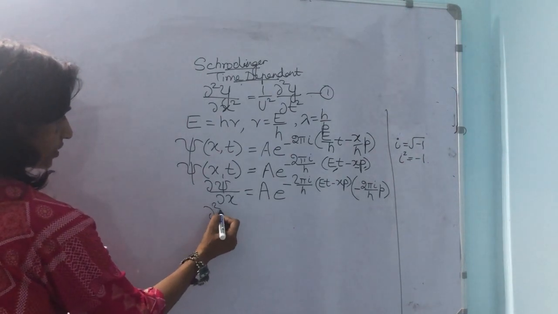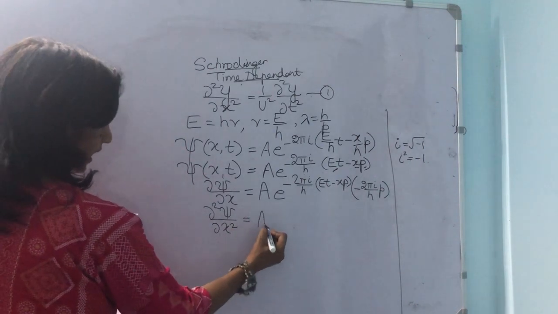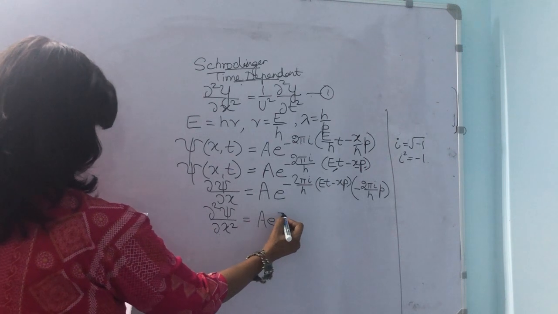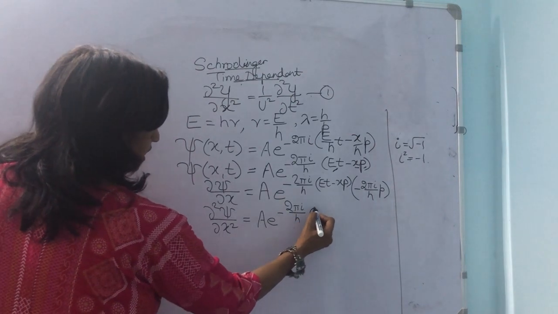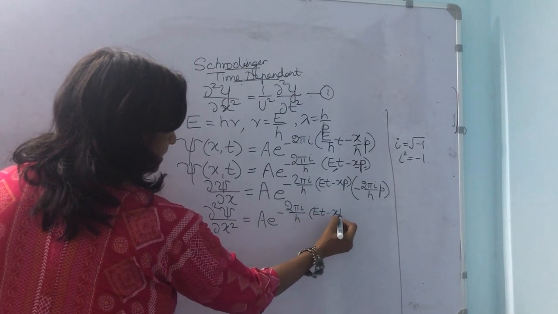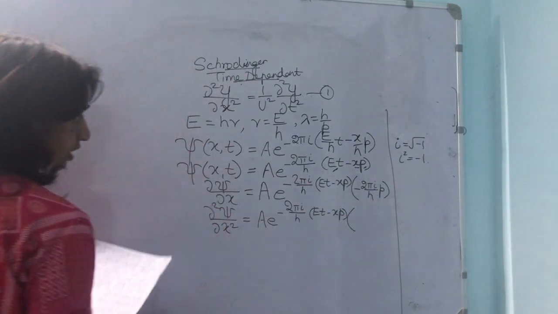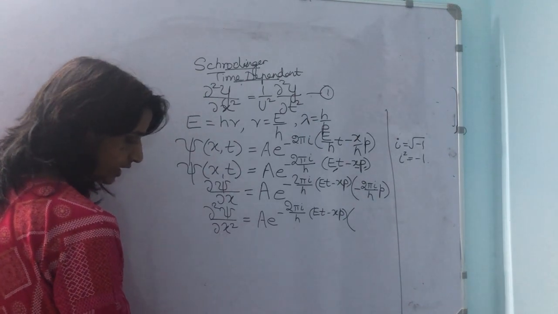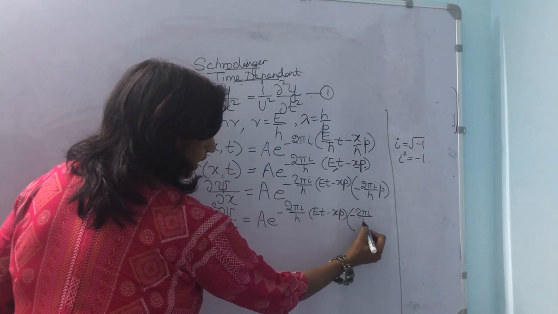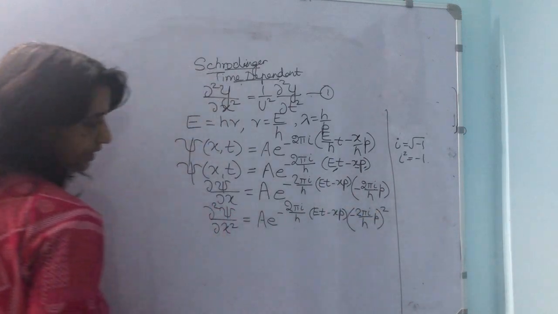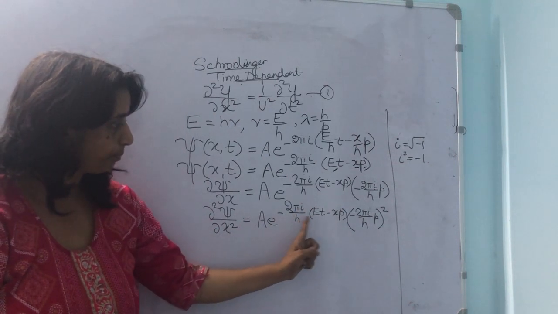Now the second differentiation: del 2 phi by del x2 is equal to a e to the power of minus 2 pi i upon h into Et minus xp. We differentiate this again with respect to x, so this term will again come, minus 2 pi i upon h p whole square. This is whole square because we have differentiated twice, so the p will come again.